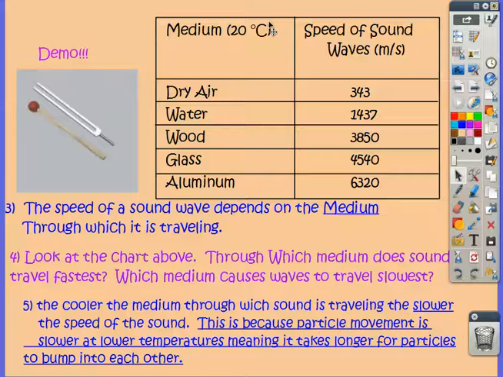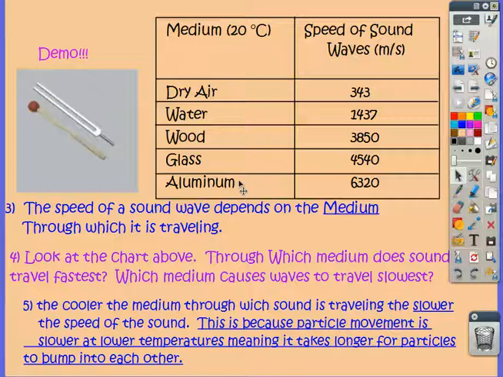But the other important factor is this 20 degrees Celsius factor, and that is an indicator that temperature becomes relevant, and it really does. Now, this seems a little counterintuitive, but while solids have the fastest rate of speed, the speed at which a sound will travel increases as the temperature of that solid increases. This means that if we were to take a block of aluminum that has a high temperature, sound would travel faster through it than through a block of aluminum at a cold temperature.